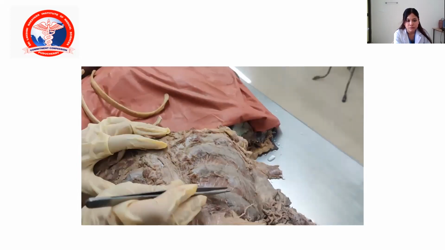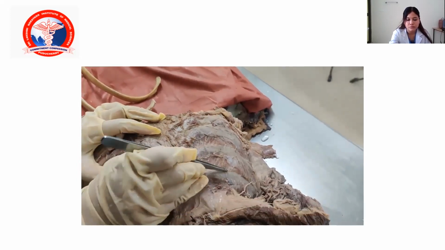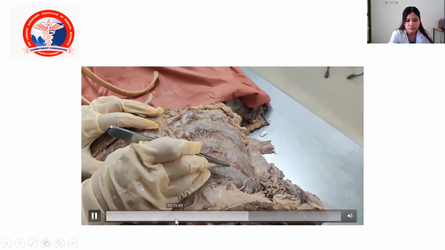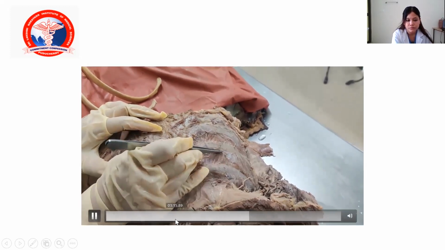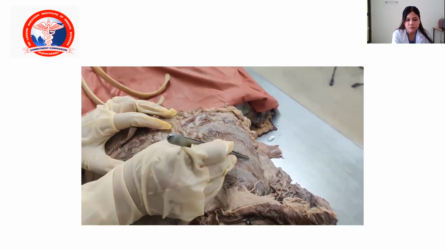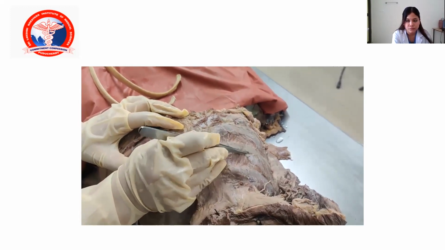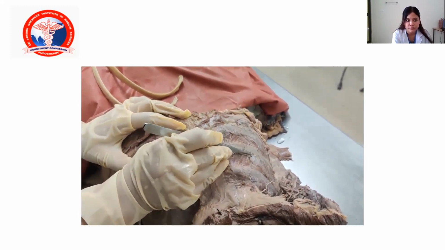So origin is from the lower margin of the upper rib. Insertion is to the outermost part of the upper part of this lower rib.